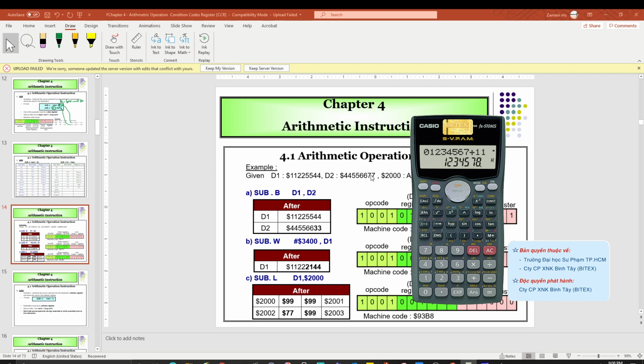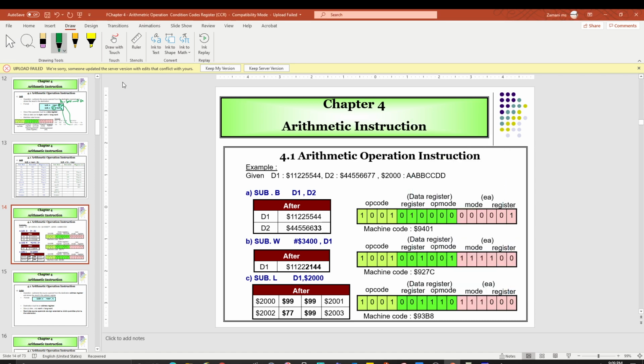So 77 minus D1, which is 44. 77 minus 44, and then you have to store back to D2. Okay, the D2 consists of this one, so the change will be at the byte size, 33. This is the answer.